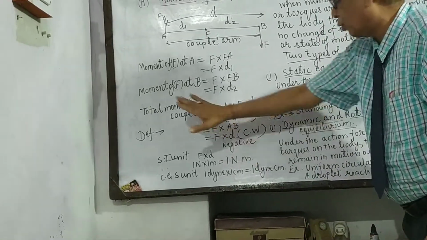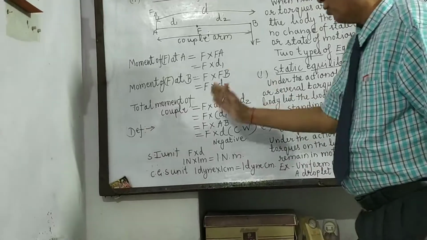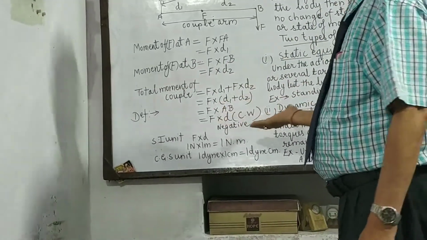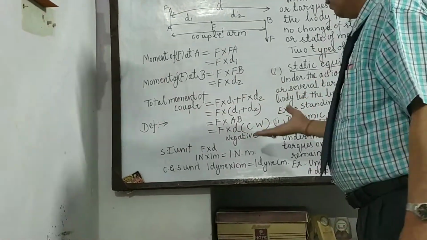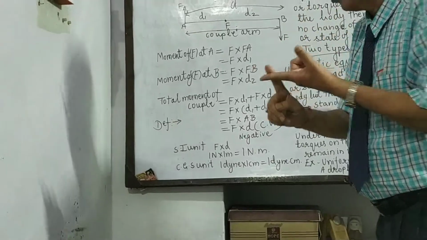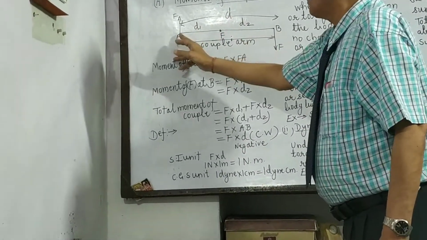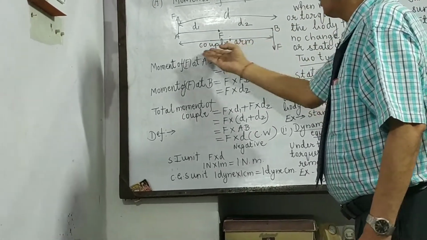And this is the total moment of couple of the first F and the second F, which is called the moment of couple. So you can make the definition here also. The moment of couple, or the measure of couple, is equal to the magnitude of one force multiplied by the total distance between the application of the two forces, which is called the couple arm.